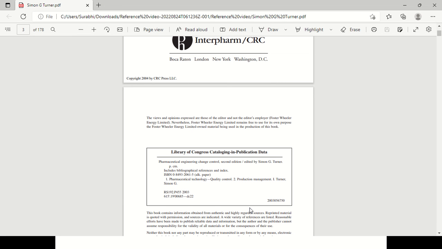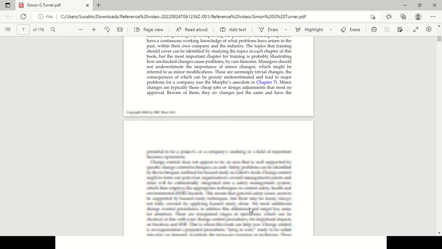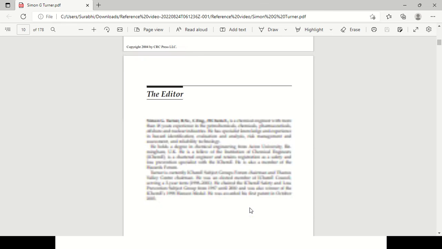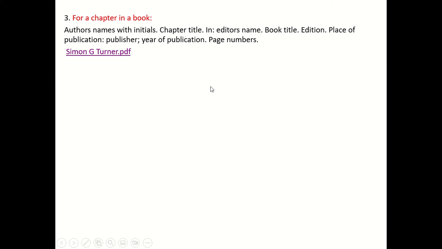So this is the information about the book, and here you can see the contents of the book. Now for example, if you have taken any topic from this regulatory view, then you will have to write that page number. So now let us see how we are going to write the reference.